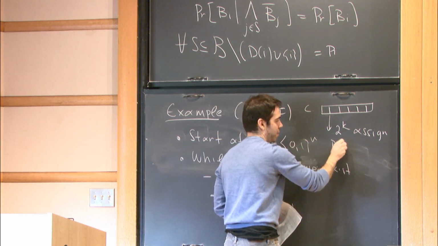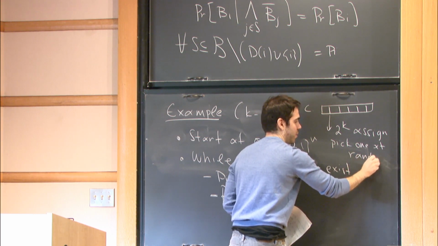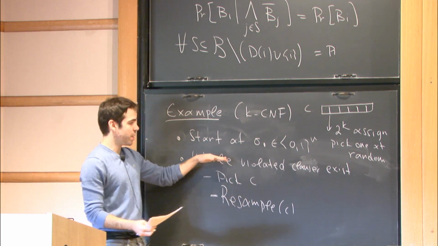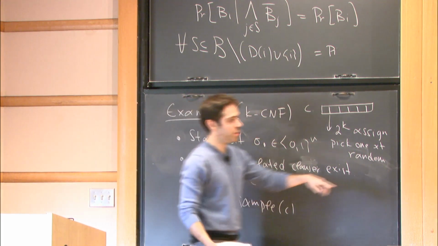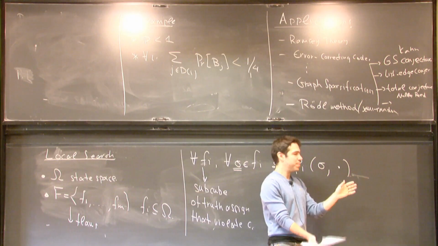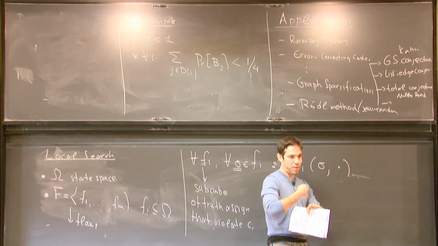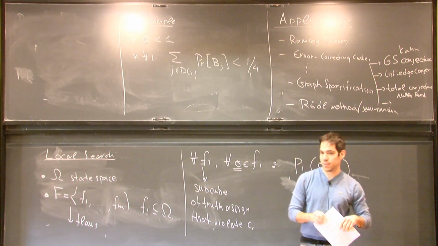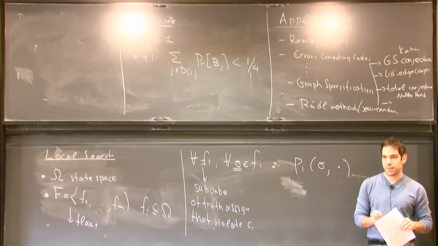Pick one at random. So this is what resample means here. Whenever you're at a state that violates a clause, this distribution considers the 2 to the k possible states that result by mutating the variables of C, and it chooses one of them uniformly at random. For example. Did that make sense?